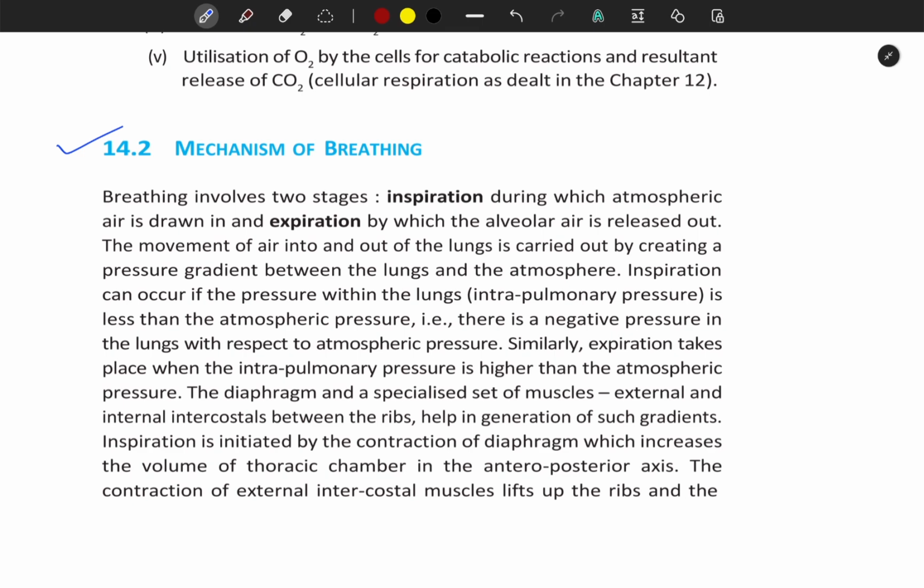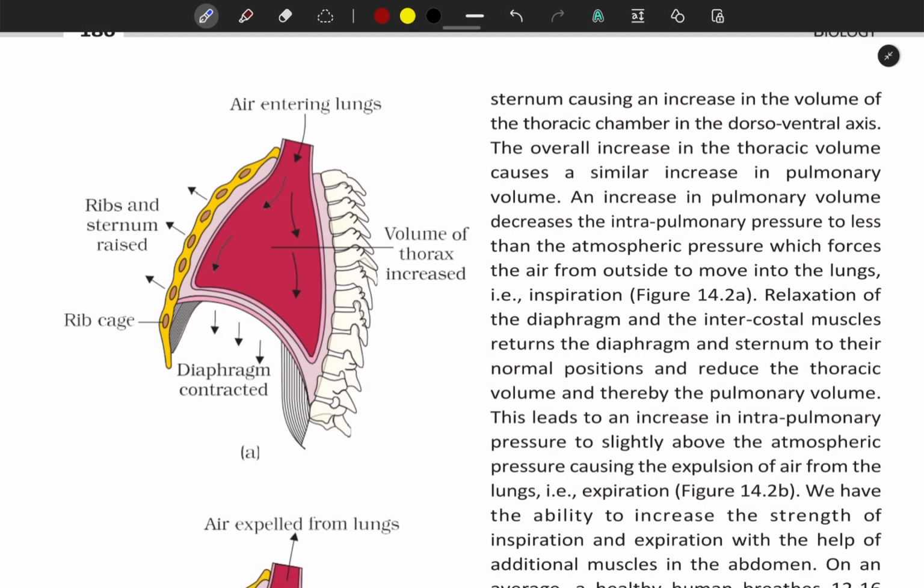The contraction of the external intercostal muscles lifts up the ribs and the sternum, causing an increase in the volume of the thoracic chamber in the dorsoventral axis. The overall increase in the thoracic volume causes a similar increase in pulmonary volume. An increase in pulmonary volume decreases the intrapulmonary pressure to less than the atmospheric pressure, which forces the air from outside to move into the lungs.